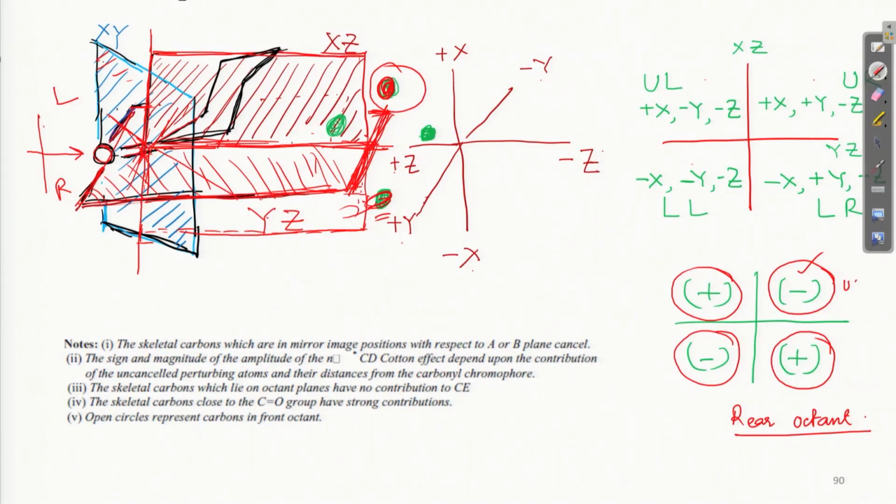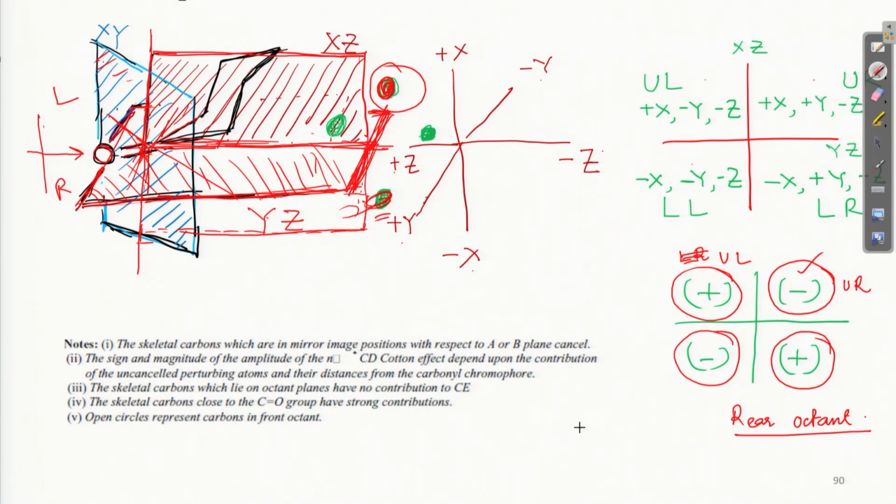So this is your upper left rear octant, and that contributes plus. If it is in the front octant, then upper right will contribute positive. That means it is just the reverse of all this. So you have to remember that.